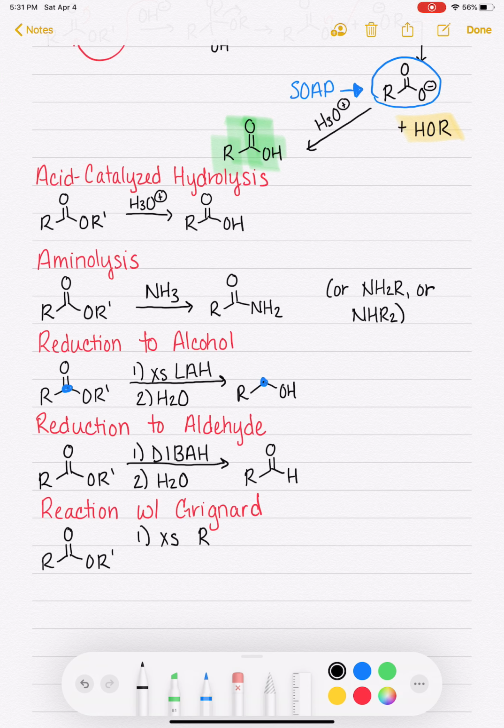I already have an R prime, so this is going to be an R double prime MgBr. This is going to put 2 of the Grignard's R groups on the carbonyl carbon and also convert to an alcohol. So because we have excess, we're doing this reaction twice. We're putting 2 of the R groups from the Grignard onto the carbonyl carbon, and those are the reactions of the esters.